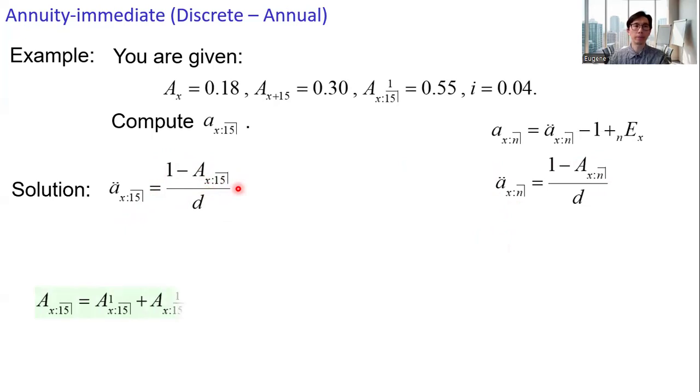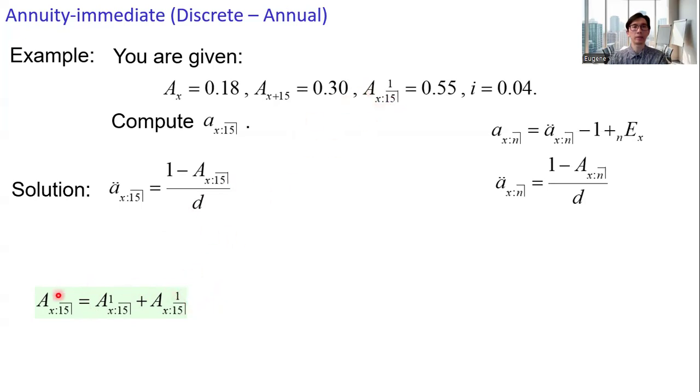More relationships. We can link up the 15-year endowment insurance with the 15-year term insurance and the 15-year pure endowment. We need to get the actuarial present value for the 15-year term insurance. All right, we have the pure endowment.